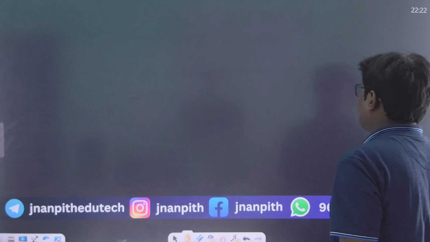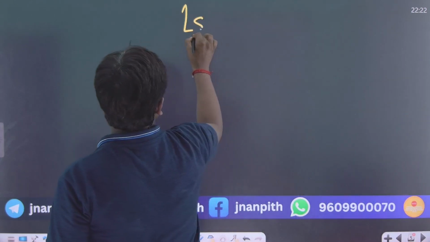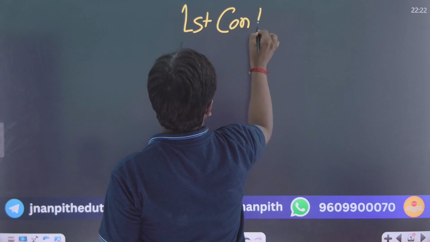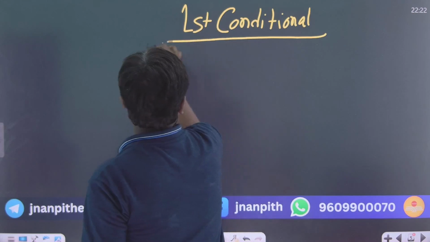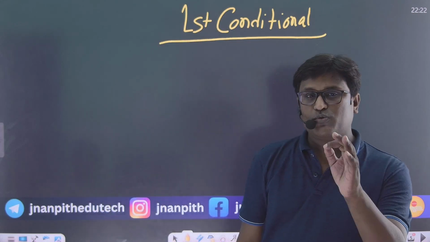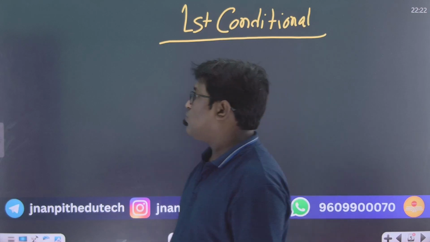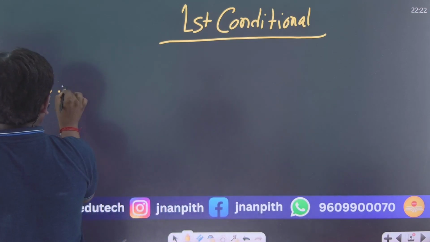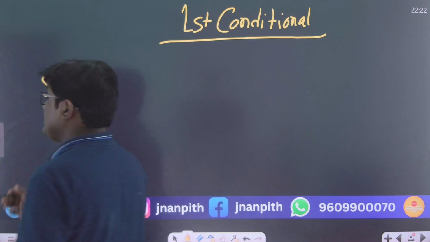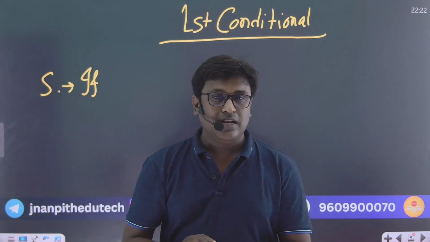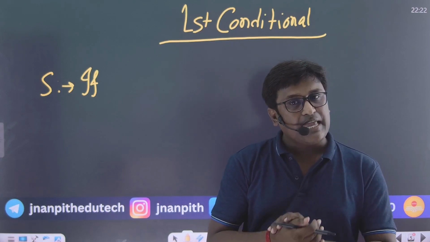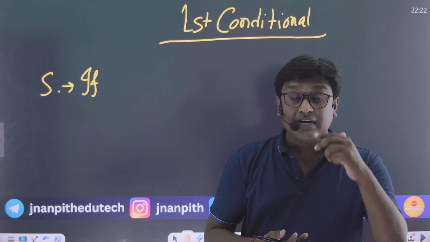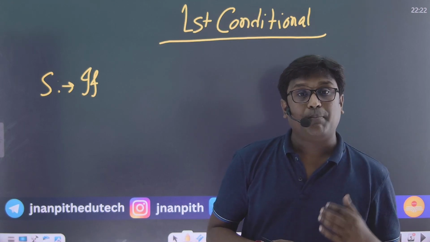Number two, first conditional. In terms of the first conditional, the most vital part is our structure. So what is the structure? Let's see. In every type of conditional, if is the common link. In every type of conditional, the condition will be depicted by the if clause.